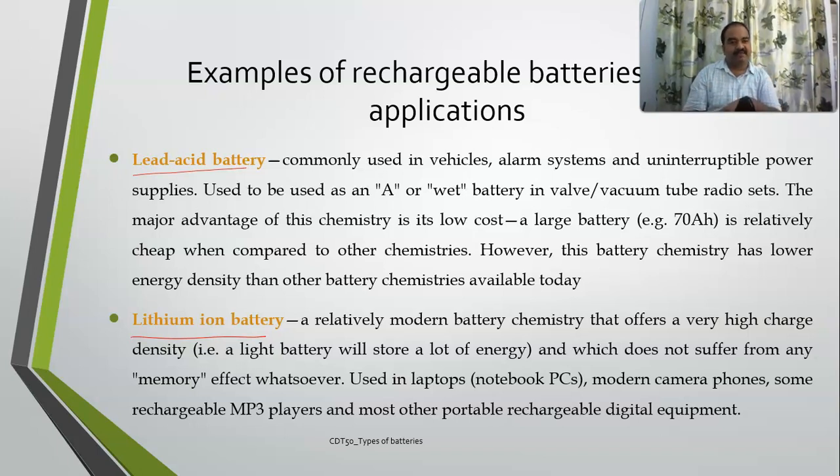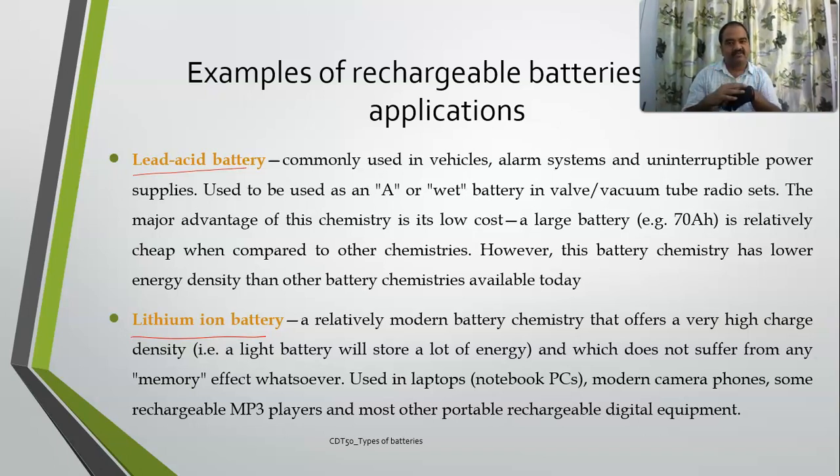And next is the lithium-ion battery, the latest trend, which can store a lot of energy in a small size. The advantage is that they charge very fast, and they also discharge very fast. In your laptops, your mobiles, your modern camera phones, rechargeable MP3 players, you are now using lithium-ion batteries. They can charge very quickly.